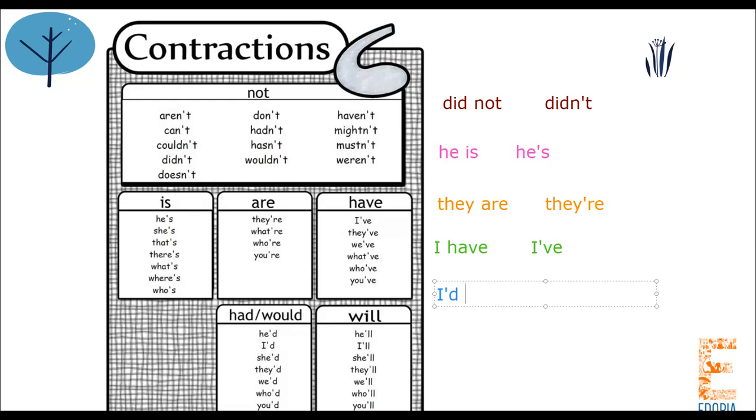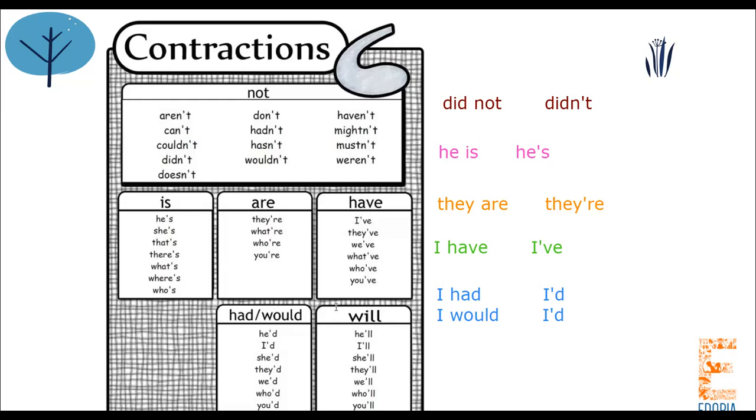For example, if I say I would like to eat a burger, it cannot be I had like to eat a burger. So this is definitely the word would. As you read a sentence, you realize automatically what word it actually is. For I had and I would, you change them in the same manner: I, apostrophe, and then a D.